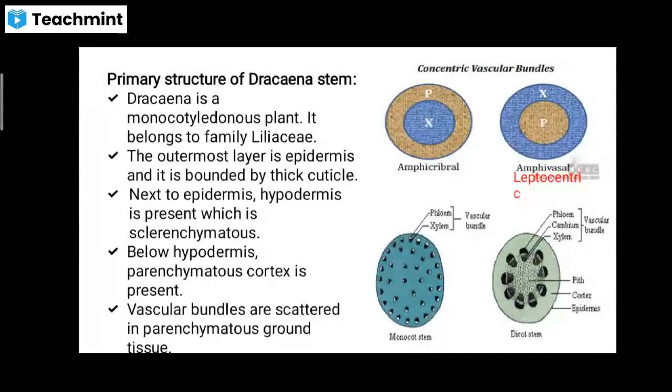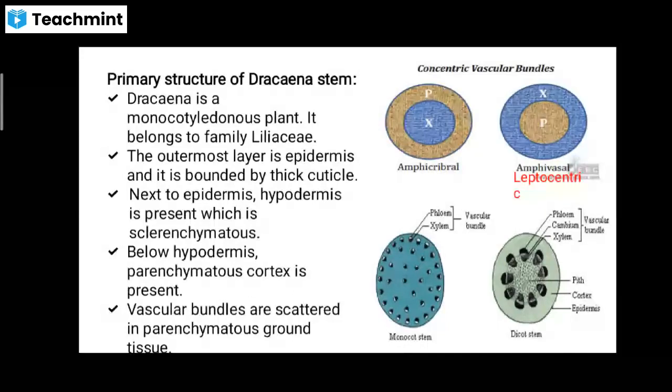In concentric, there are again two types: amphicribal and amphivasal vascular bundles. Amphicribal type means the xylem is present at the inner side, surrounded by the phloem. Amphivasal type means the phloem is present at the center, surrounded by the xylem.